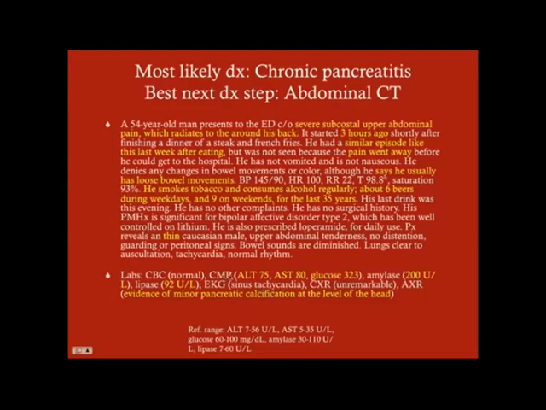Lab-wise, CMP reveals probably some alcoholic hepatitis. The AST is slightly greater than the ALT, so that points you towards an alcoholic hepatitis. The glucose is very high, and that is possibly pancreas in origin. So the glucose should never be 323, and that would be an immediate diagnosis of diabetes if you did see that.